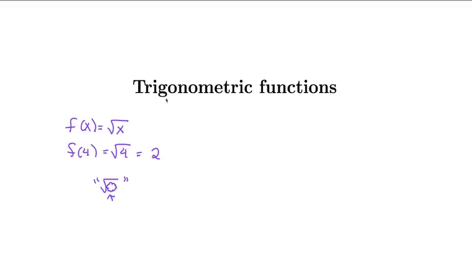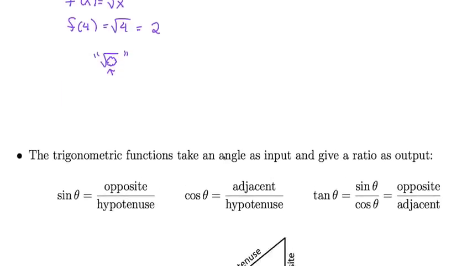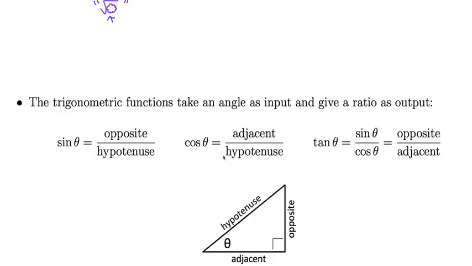The trigonometric functions are sine, cos, and tan, and we likewise have to learn what is meant by the symbols sine, cos, and tan. Here are the definitions. The trig functions take an angle as input and give a ratio as output.